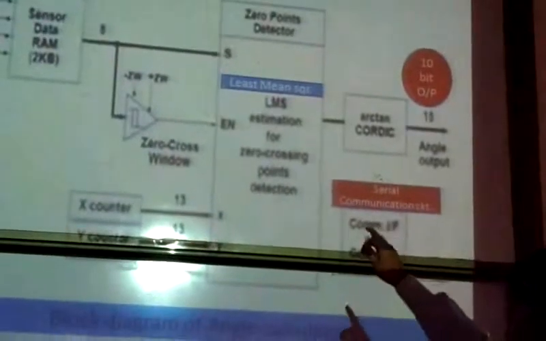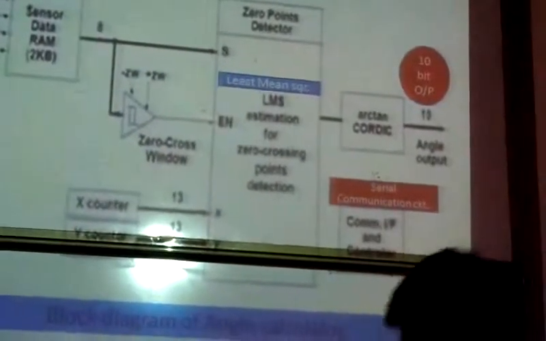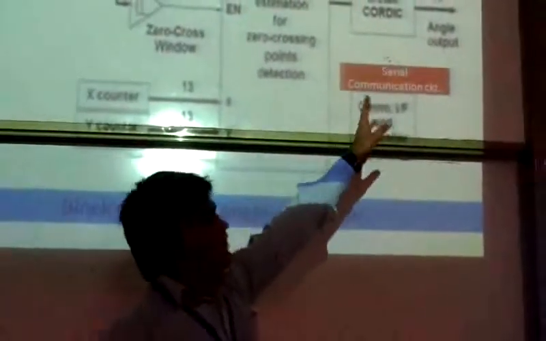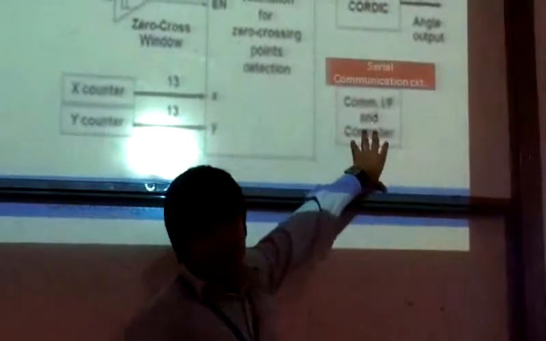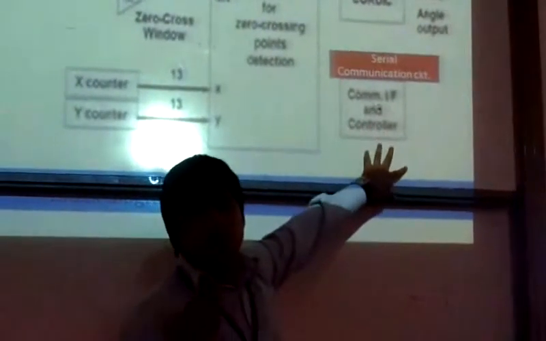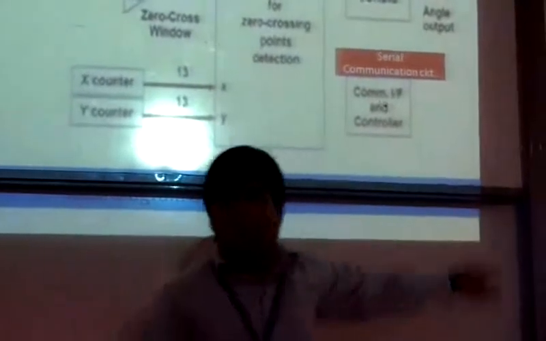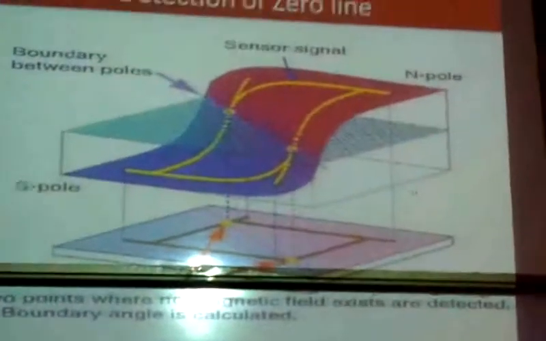We are able to find the 0 point detection. And the output of the whole calculator is in 10 bits. See, the output is 10 bits. And it also has a communication circuit which is used to communicate with the outside world. Means how we transfer the data to another world.